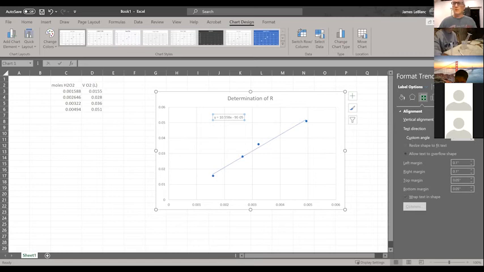Hopefully, I don't know if this means anything. Hopefully we'll get a fairly good result, because I think the y-intercept is very close to 0. And I think our R squared value, which basically shows you how far off of linear the line is, is going to be really good too.